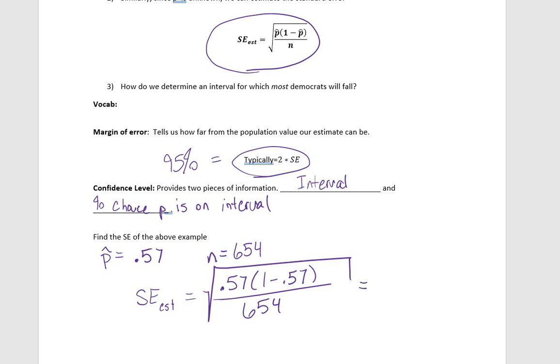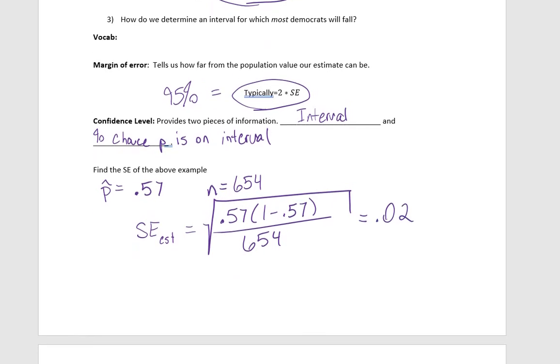Let's round that to 2 decimal places just to make our lives a little bit easier. That's going to give us 0.02.